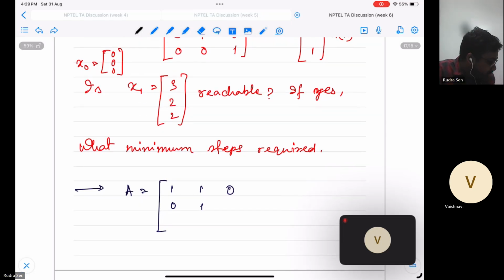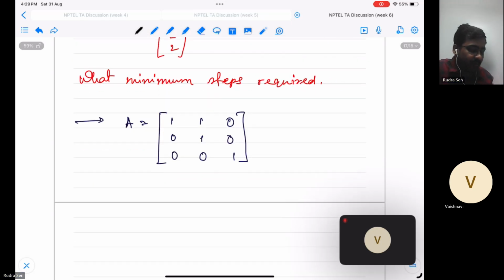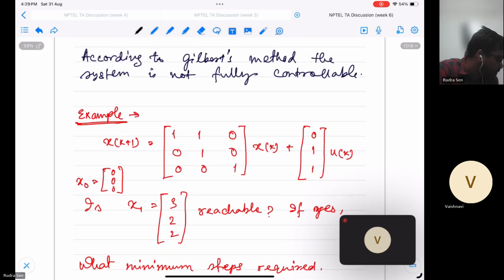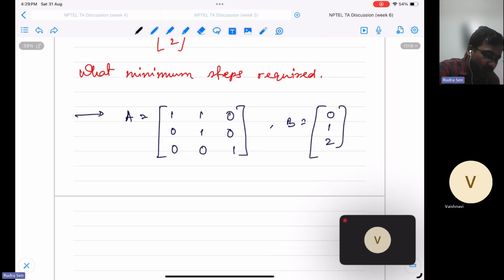So the matrix A is 1 1 0, 0 1 0, 0 0 1, and B is 0 1 1.